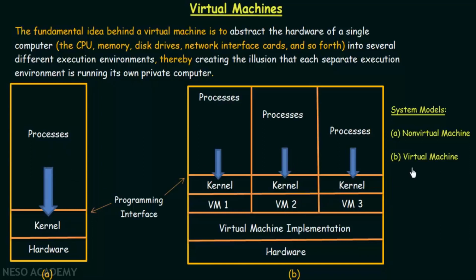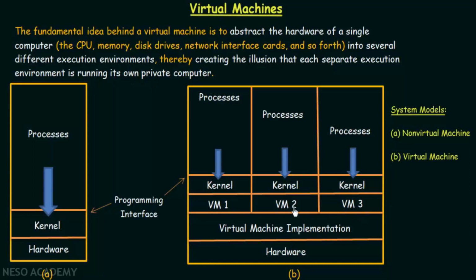Now, in the case of a virtual machine, we have the base hardware, which belongs to the physical machine, and on top of that we have a virtual machine implementation which allows us to have virtual machines. On top of this implementation, we have three virtual machines: virtual machine 1, virtual machine 2, and virtual machine 3.